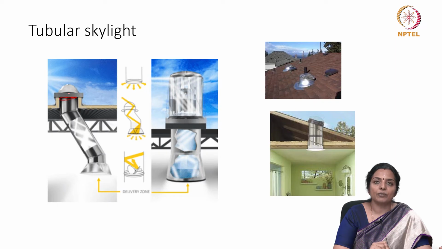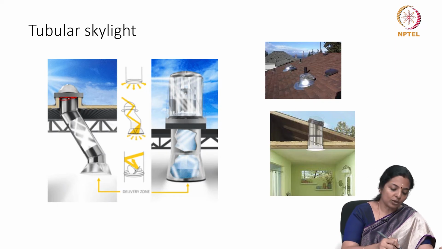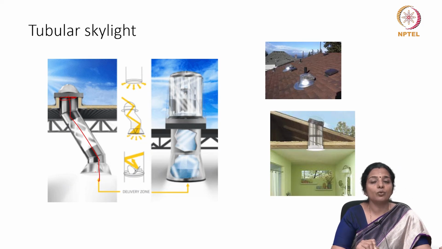It starts from the roof and goes all the way to the room where you need natural light. The tube uses optical techniques to direct the sunlight down the shaft and into the room.